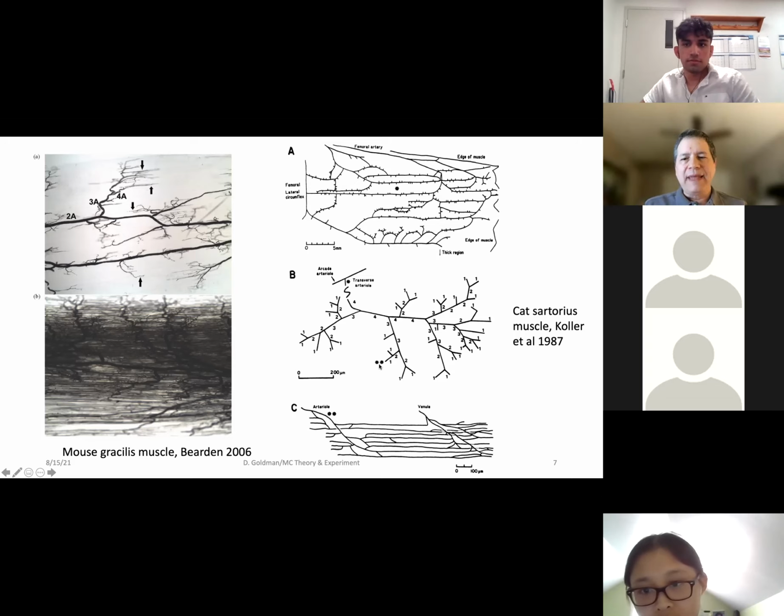And then off of these arterioles, you get capillary networks. This little star means that there's something like this sitting in there, and these two stars mean there's something like this sitting there. So there are different levels of organization that you could consider when you're trying to study microvascular networks.